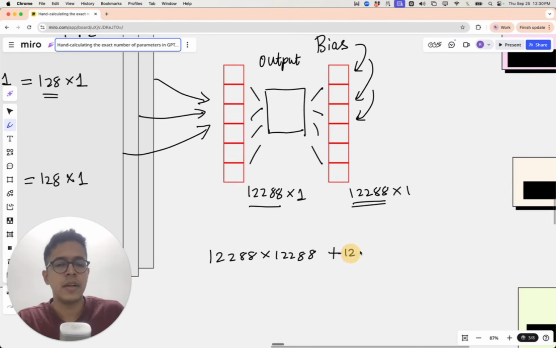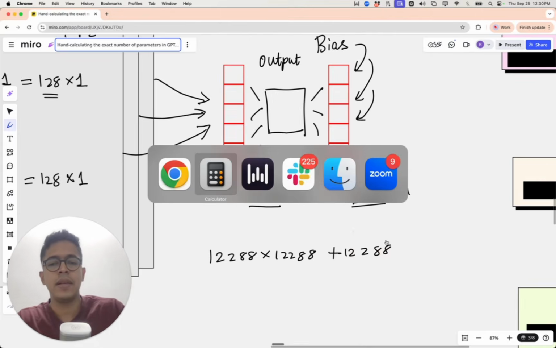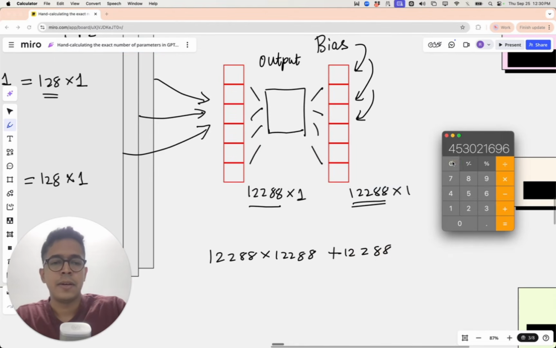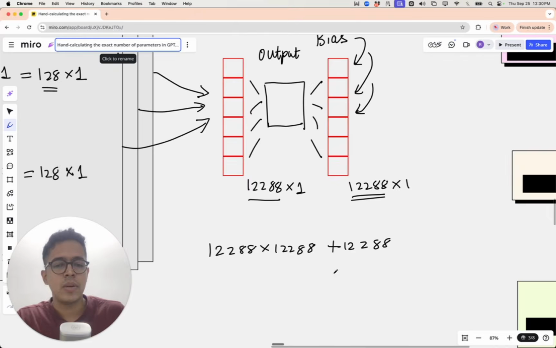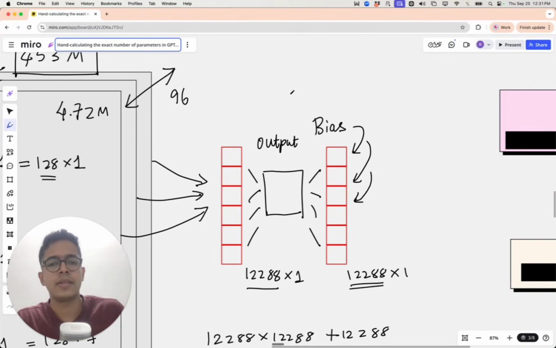So this plus 12288, and this will be 12288 times 12288. This is equal to something. Then that plus 12288 equal to 151 million parameters. So this is equal to 151 million parameters in this output transformation matrix.